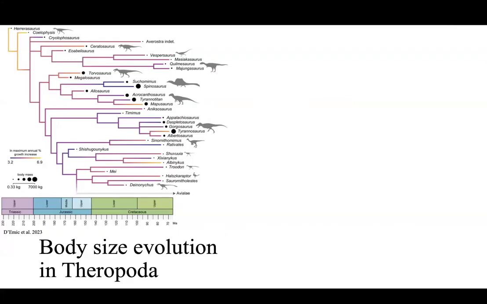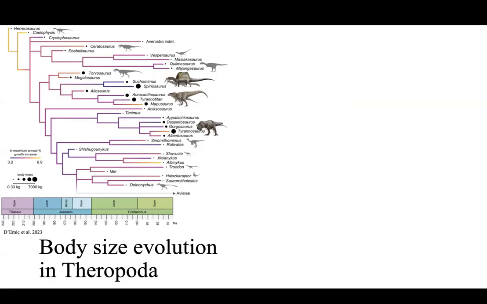They've cut into the limb bones of these animals and looked at their growth. And so what that is, is the log of the maximum annual percent growth increase: how much growth is happening within a year, pretty much, of this animal's life. So we can take how big the animal is in an absolute sense, and then the rate of growth each year, so how fast it took to get that big.